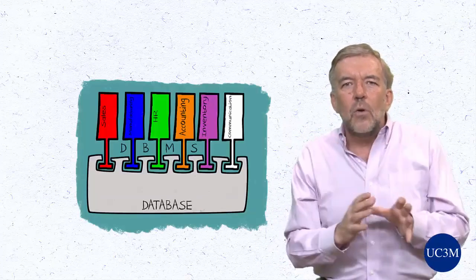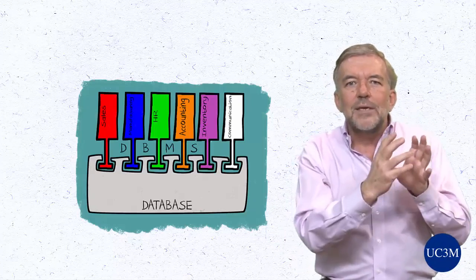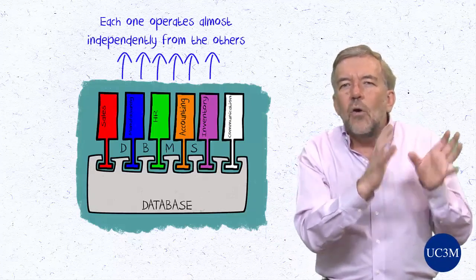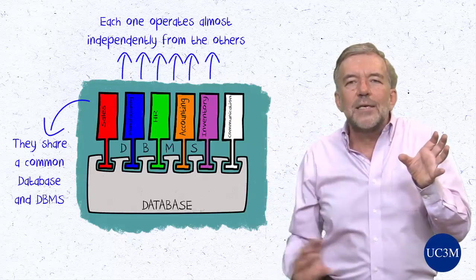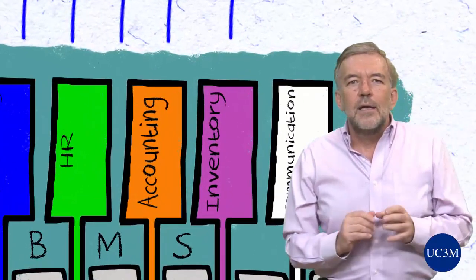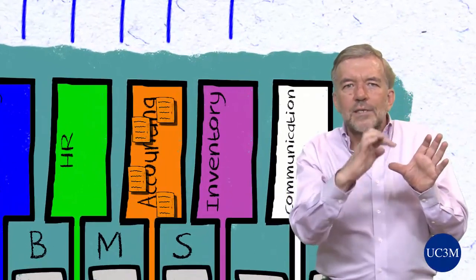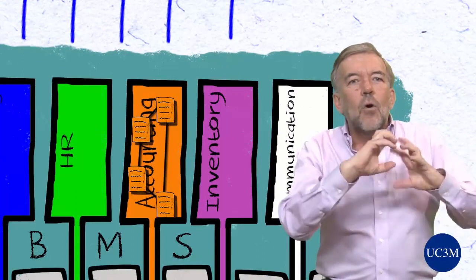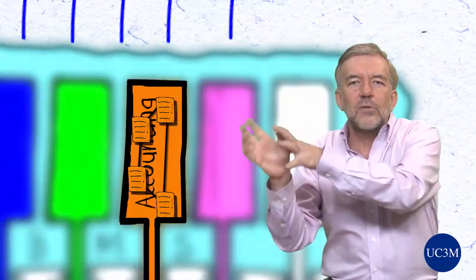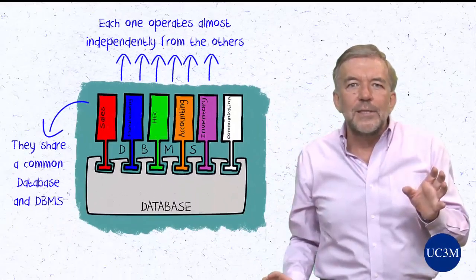There are some key aspects in this arrangement that we shall try to highlight with the help of the analogy. We'll highlight first that each ERP module, or rather the programs within each module, operate almost independently from the rest of the modules, except in that they share a common database and database management system. Thus, the various programs within, say, the accounting module might be tightly intertwined, but they are almost independent of the programs in the other modules, except through the sharing of the database.